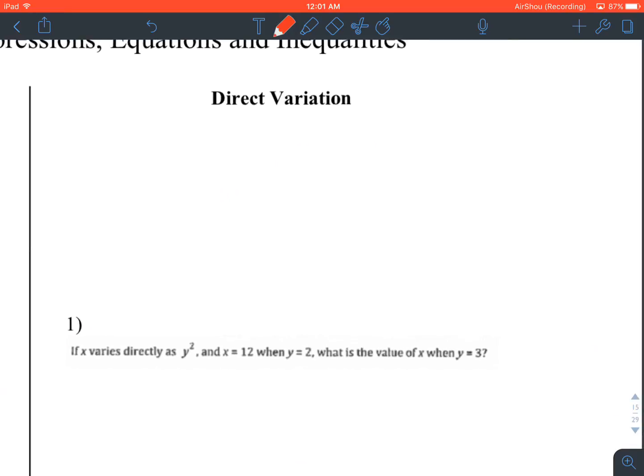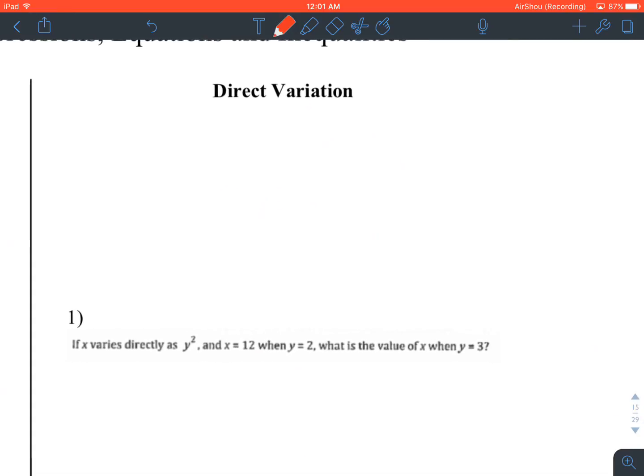Direct variation. I mentioned this in a previous lesson. I didn't use it much then, but we are going to use it here for sure. Direct variation essentially means that you can use a proportion to solve problems. If two things have direct variation, they move in the same direction. As one gets bigger, so does the other.